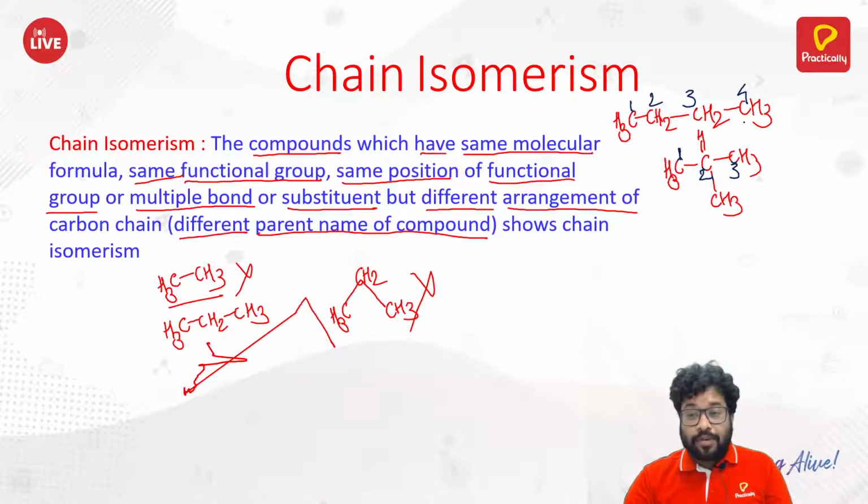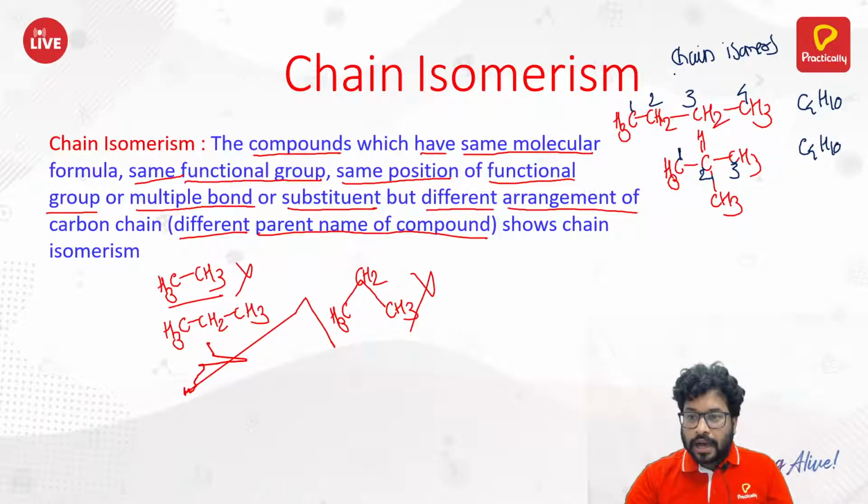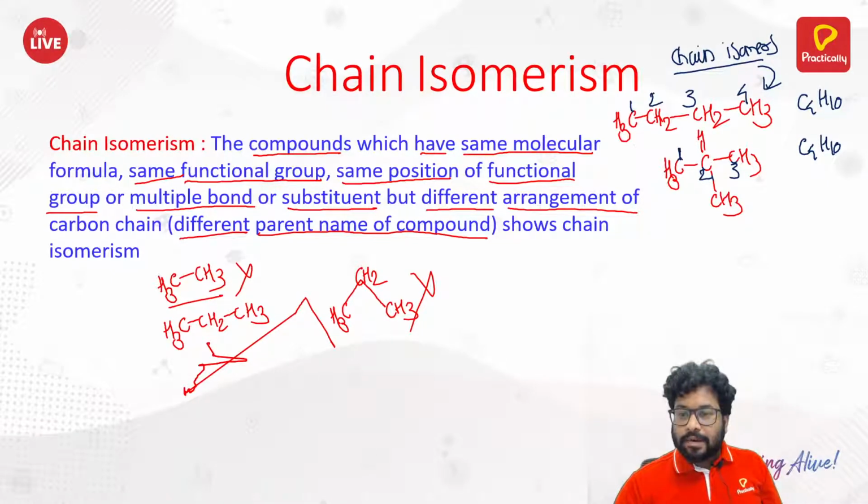What is the molecular formula? This is C4H10, and this is also C4H10. So these compounds are chain isomers. If you name the first one, it is n-butane.